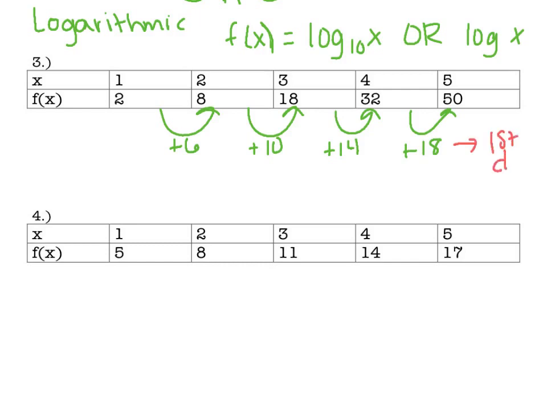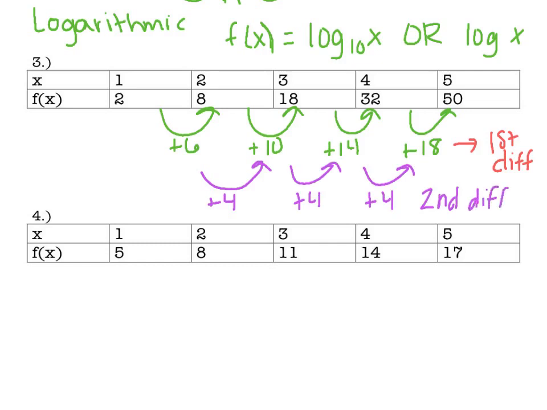So second difference would be saying the difference between 6 and 10 is a positive 4, 10 and 14 is a positive 4, and 14 and 18 is a positive 4. So that's the second difference. And that's the definition of a quadratic function from these tables, that the second difference is constant. So I know I'm going to be talking about some kind of a quadratic function.